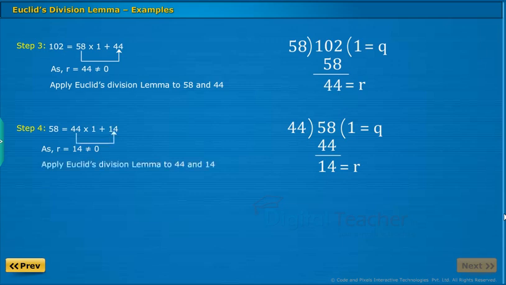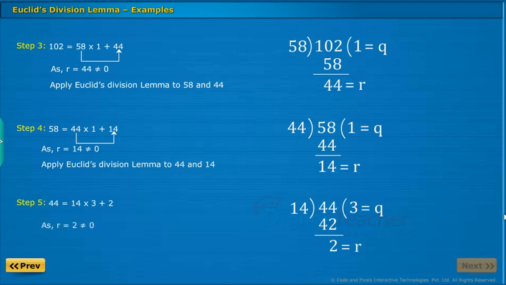Apply Euclid's division lemma to 44 and 14. Step 5. 44 is equal to 14 into 3 plus 2. As r equal to 2, it is not equal to 0. Apply Euclid's division lemma to 14 and 2.